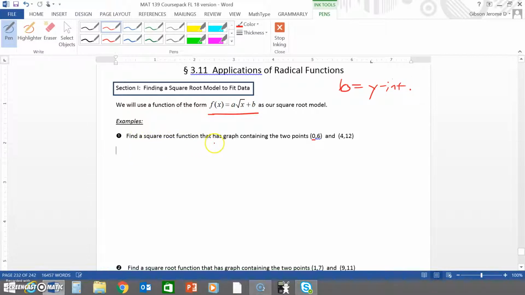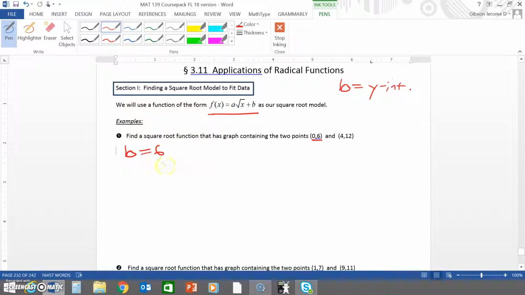It says find a square root function that has a graph containing the points (0, 6) and (4, 12). So we already know what b is. B is equal to 6 because this is a y-intercept here. So now what we could do is take this other point and put it into this function to find out what our equation is.